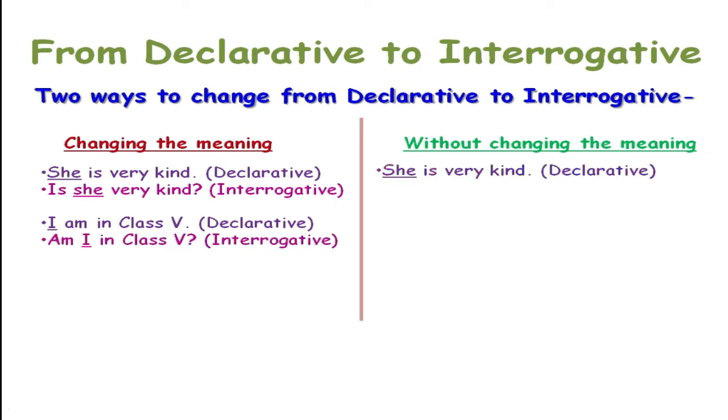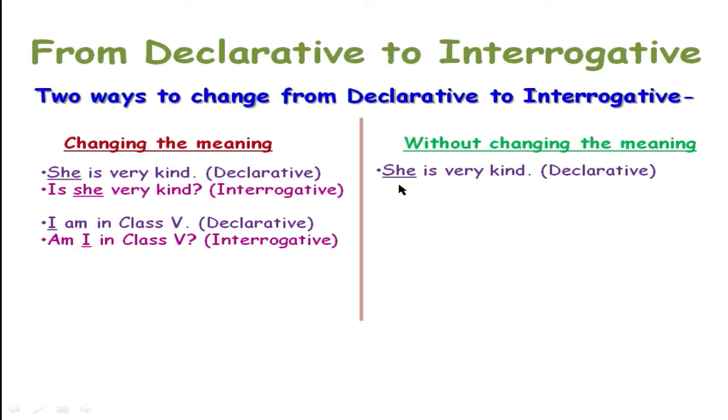Now look at here. Same sentence, she is very kind. Declarative sentence. Now here, when we have to change the sentence into interrogative without changing the meaning of the sentence, you have to follow steps here. First, what you will do, you will make this sentence into negative.